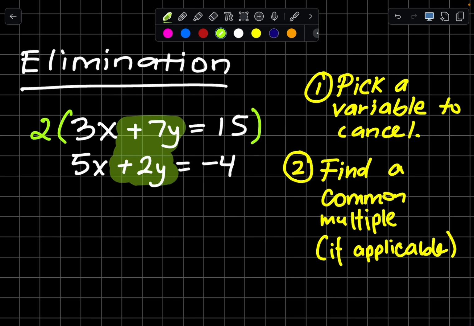For the bottom, now I want to get positive 2y to become negative 14. So how do I multiply the bottom? By what? By negative 7. So for the bottom, I'm going to place parentheses and multiply it by negative 7.